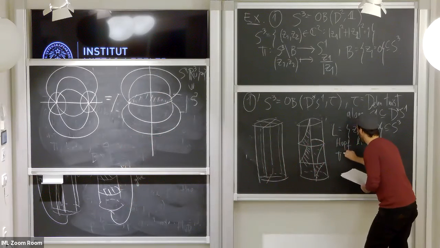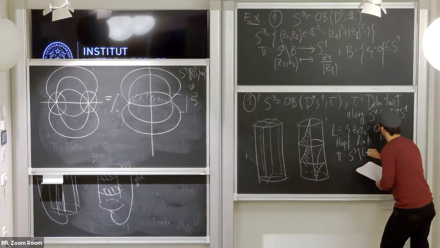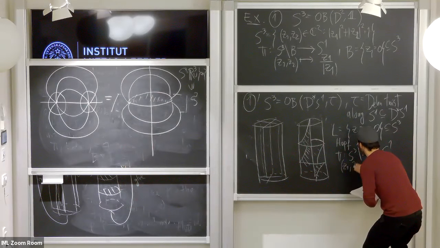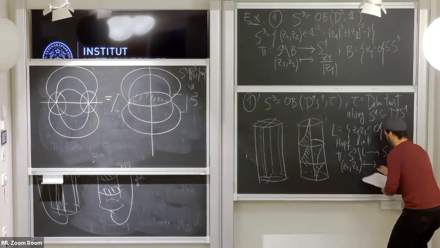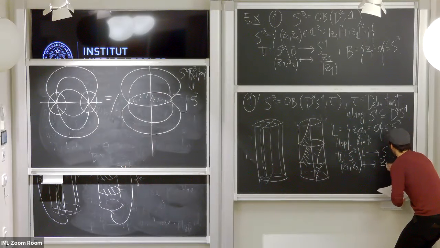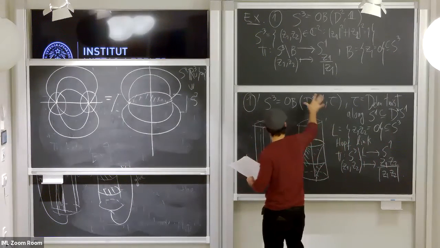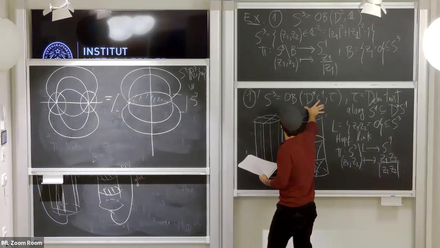And the fibration is defined in the complement of the Hopf link to S1, mapping the pair (z1, z2) to their product divided by their norm. And so this is a concrete realization of this abstract open book.